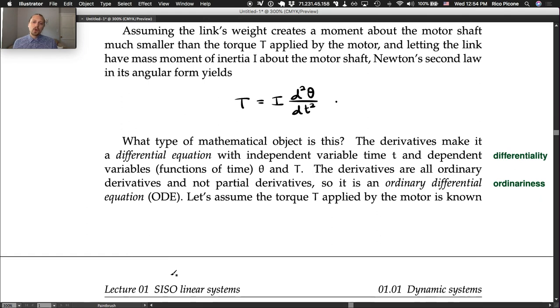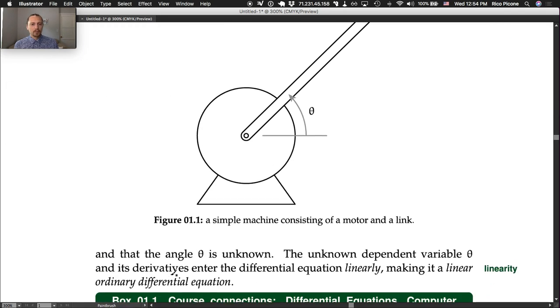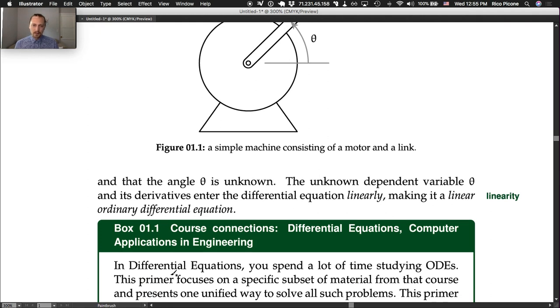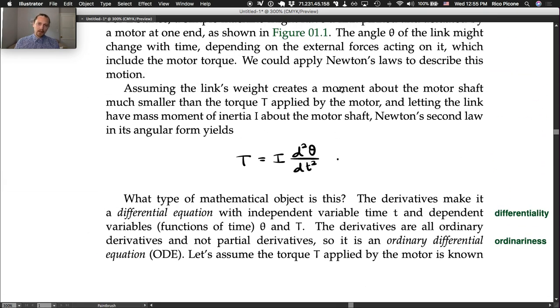Let's assume the torque T applied by the motor is known, and that the angle theta is unknown. The unknown dependent variable theta and its derivatives enter the equation linearly. So if you look here, theta and its derivatives show up.